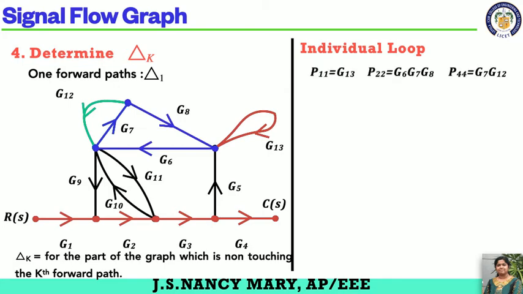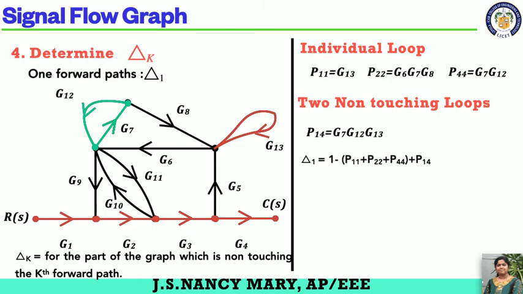Then you have to check for the two non-touching loops which are not touching the forward path. I could say that G12, G7 and G13 are non-touching loops, which are not touching the forward path, and I am writing that here. So your formula becomes del 1 is equal to 1 minus P11, P22, plus P44, plus that two non-touching loops.